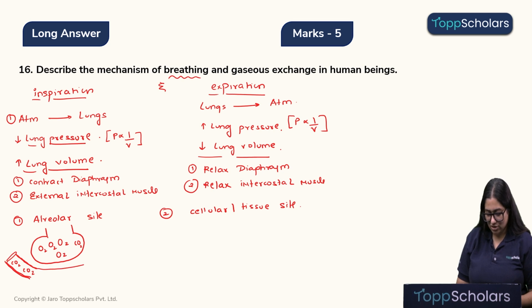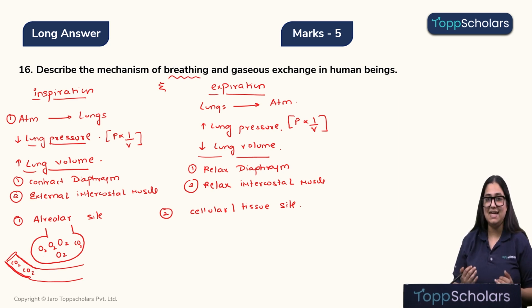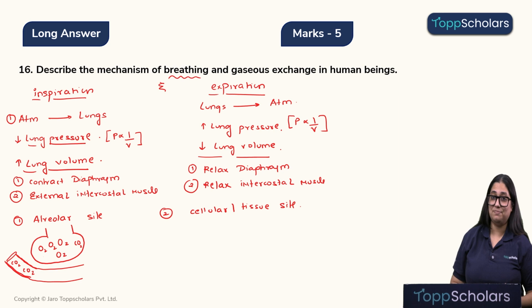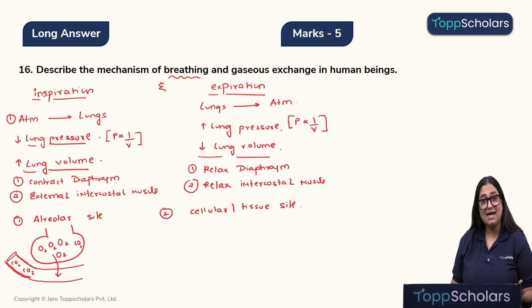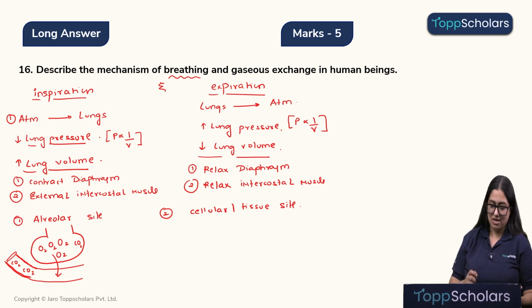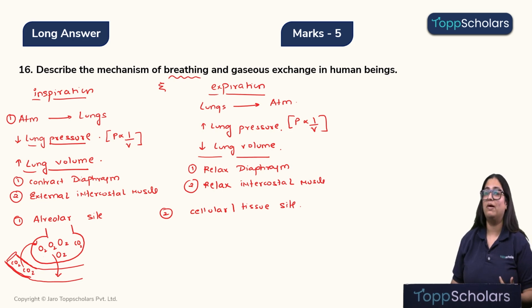Now children, since the amount of oxygen is more in the alveoli as compared to the blood, there is a gradient, a difference being created, so the oxygen will move from high partial pressure to low partial pressure. Similarly, since deoxygenated blood carries more CO2 as compared to inspired air, the CO2 will also move from high concentration or high partial pressure to low partial pressure.